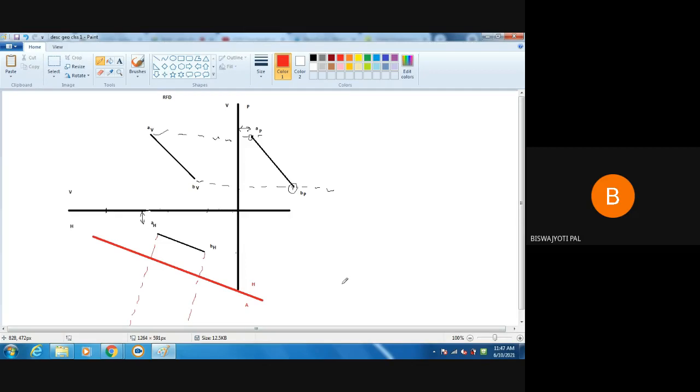Yes, sir. And how to find out where it is? Sir, measure from the vertical plane. Exactly. As this is HV and this is HA, in order to find out the position on A, you have to find out the position from V. So this length should be cut here.